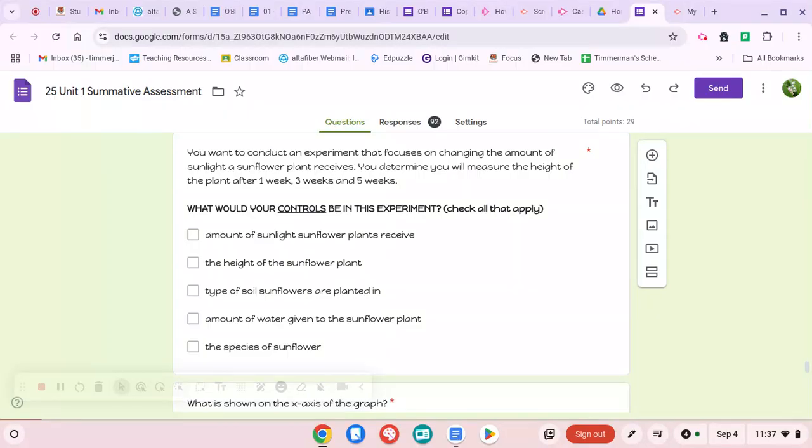Check all that apply. There are 3 controls in this experiment. The amount of sunlight sunflower plants receive, the height of the sunflower plant, the type of soil sunflowers are planted in, the amount of water given to the sunflower plant, or the species of sunflower.